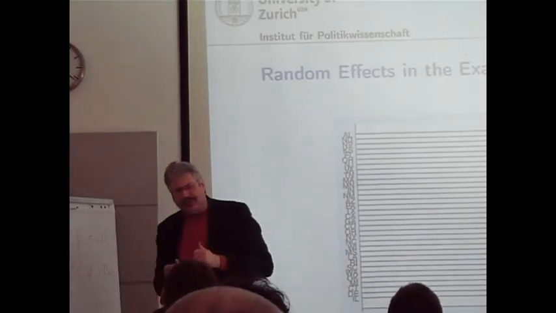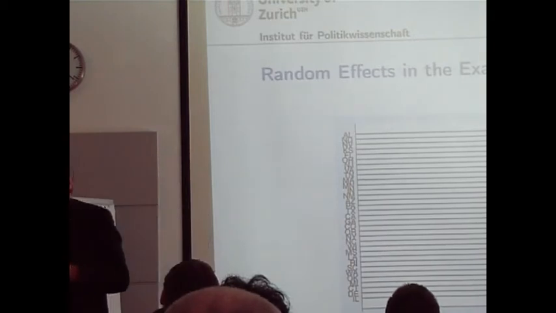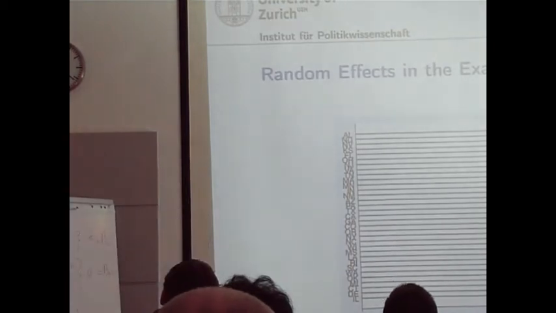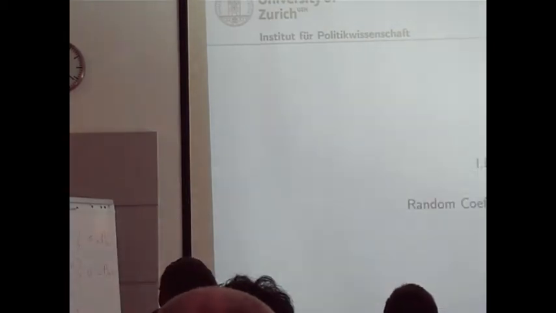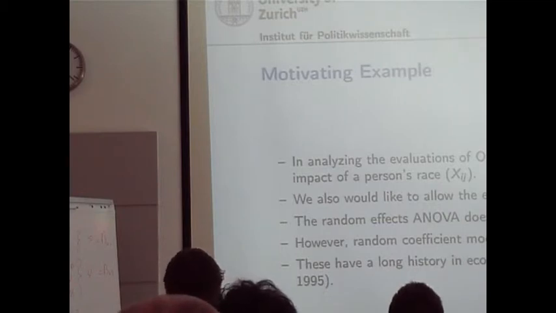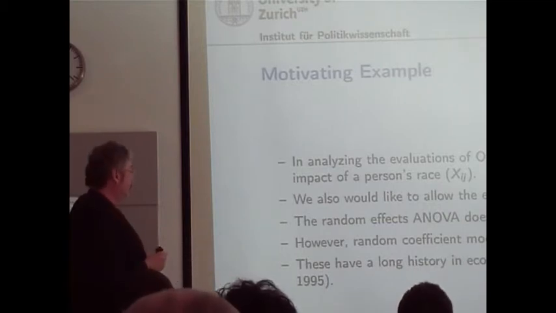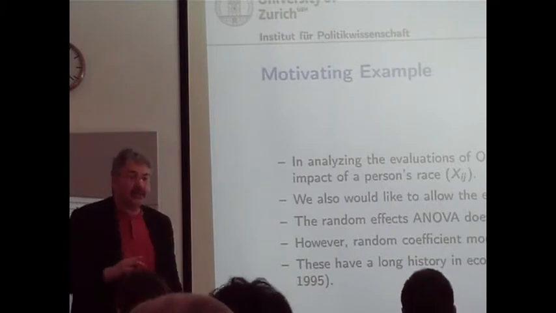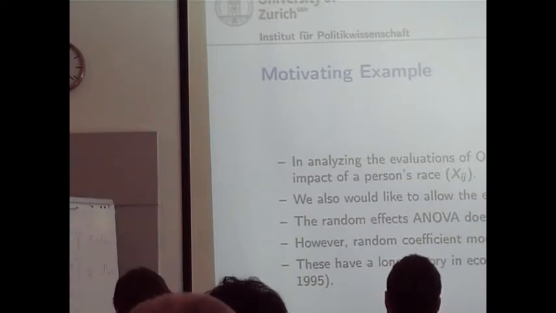Now, I'm going to keep this extremely simple for now, so I'm not going to pretend that what I have here is a good model of feelings towards Obama. In fact, you know it's not. But I'm particularly interested in the effect of a person's race. That's a dummy variable, coded one if the person is black, 0 if they're white.